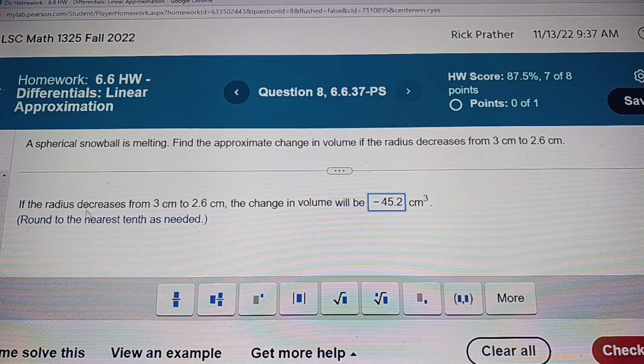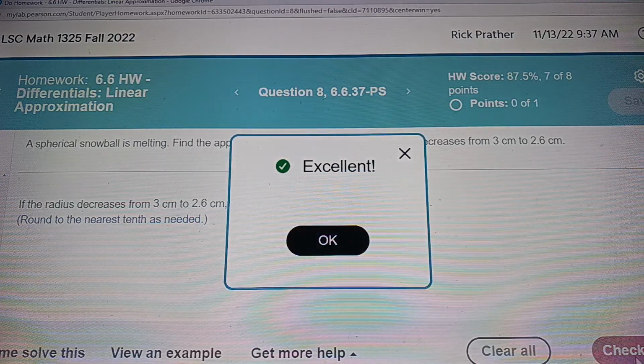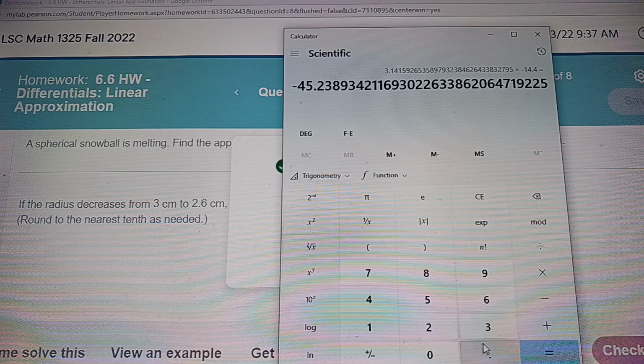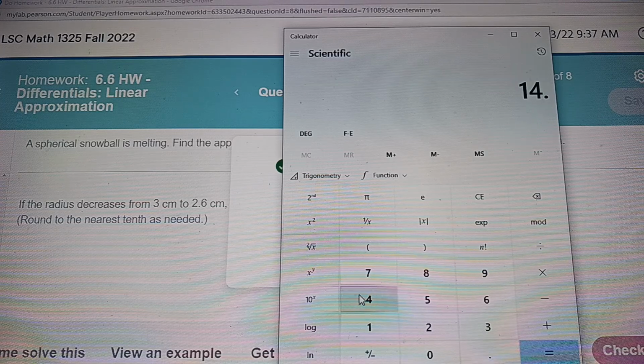So if the radius decreases from 3 centimeters to 2.6 centimeters, the change in volume will be decreasing by 45.2 cubic centimeters.